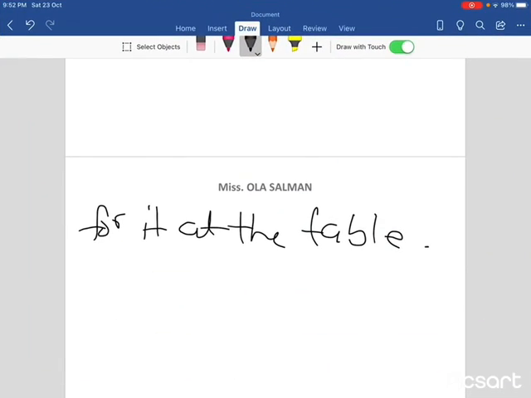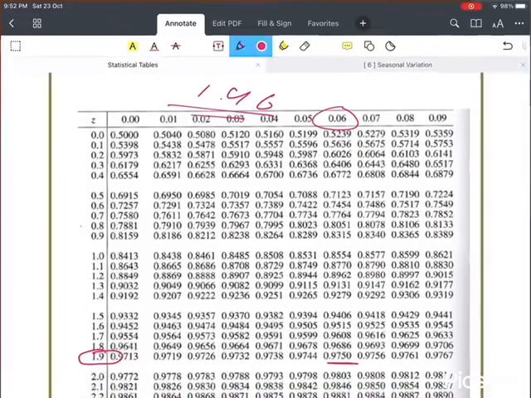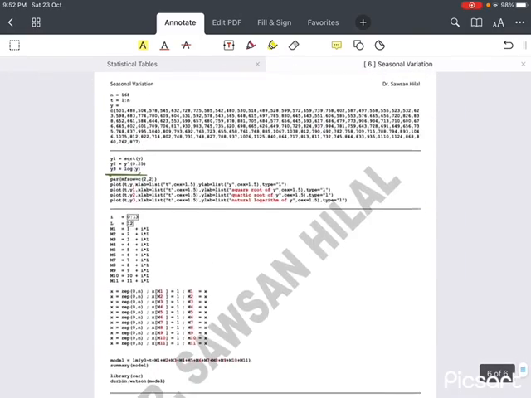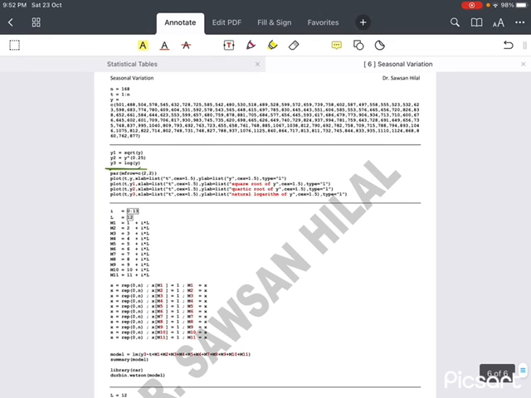This is the last thing for the exercise. Here you can find the code for the R output.